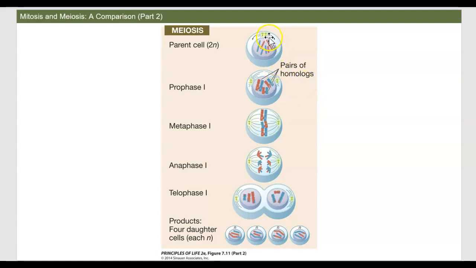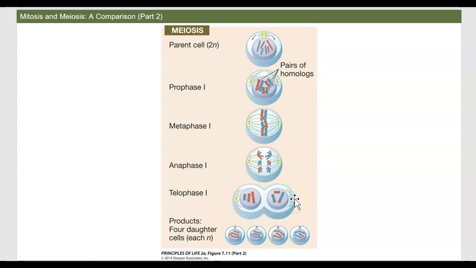We start with this parent cell, which is a specialized cell. This would be found in humans, it'd be found in ovaries. In males, it'd be found in the testes. And so these aren't average cells, these are specialized cells. And they are going to do something similar to mitosis, kind of the same idea. We're just going to make copies of all the chromosomes, and then we're going to split ultimately into some daughter cells. But this process is going to be dividing twice. So this would be the end of telophase 1, where we'd have these two cells.